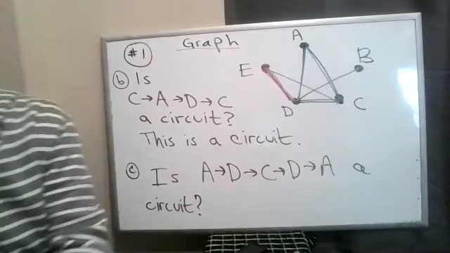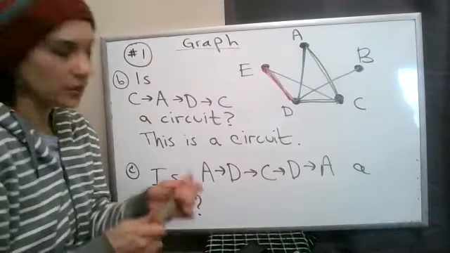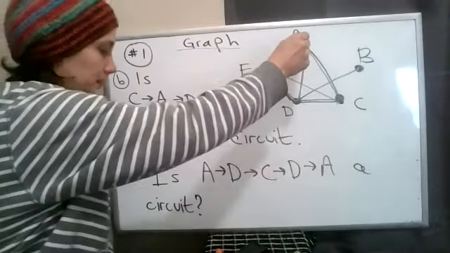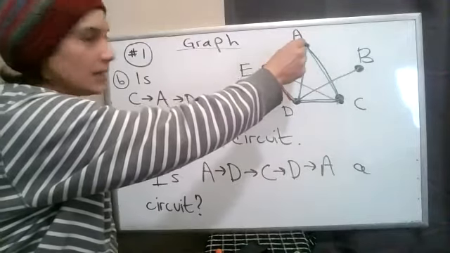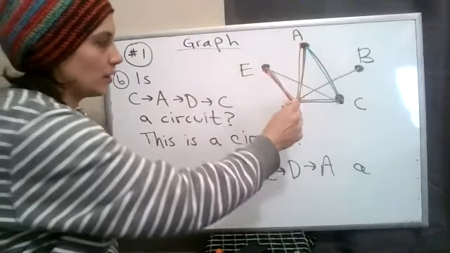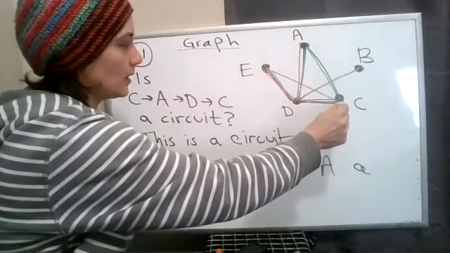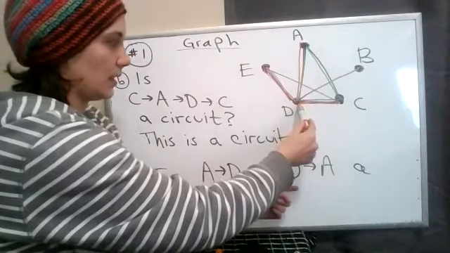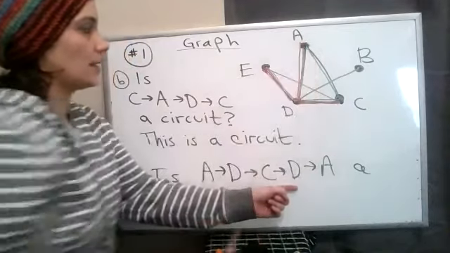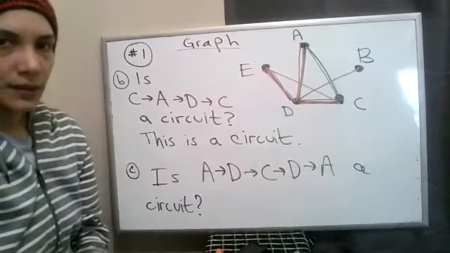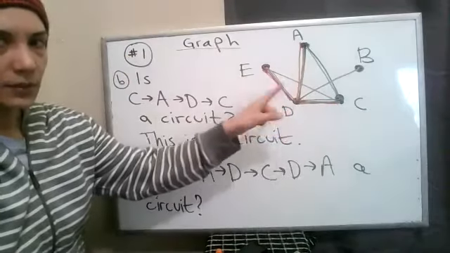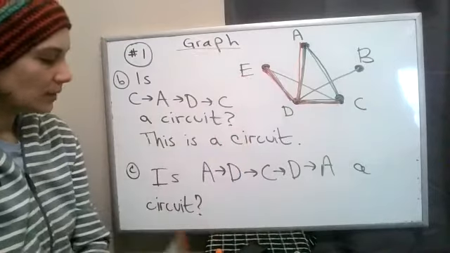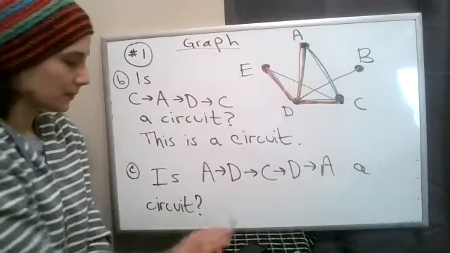I'll grab some kind of color, orange, and find A. It goes A to D, over to C, back to D, and then back to A. So it is a walk, but we reuse this edge 2 times, and we use that edge 2 times, so it's not going to be a path, which means you can't have a circuit.